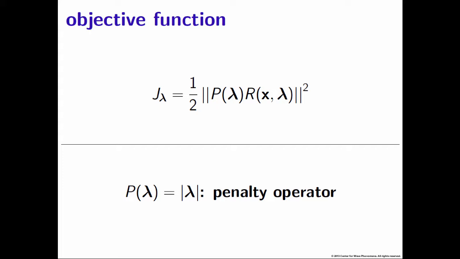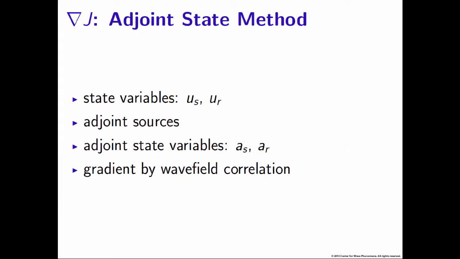Now, to compute the model update, we use the adjoint state method, as Tony mentioned in the last presentation. To do that, we first model our source wavefield, propagating forward the source signal, and the receiver wavefield, propagating backward the data.